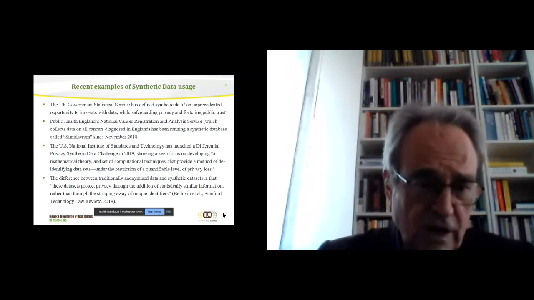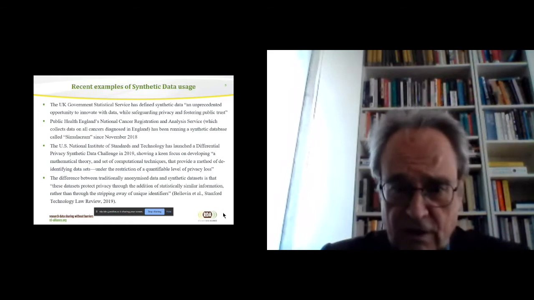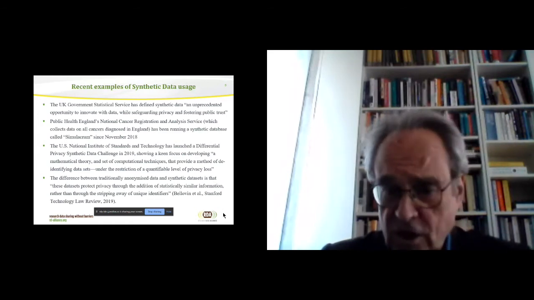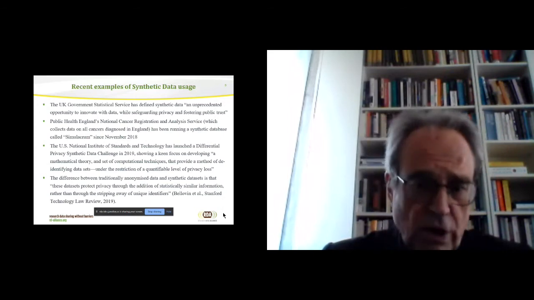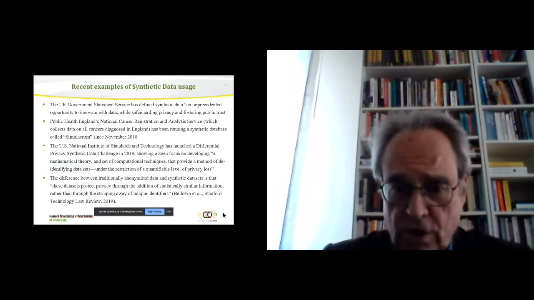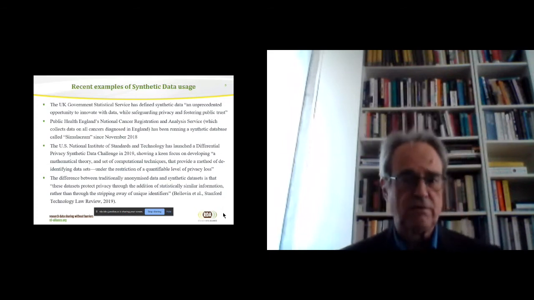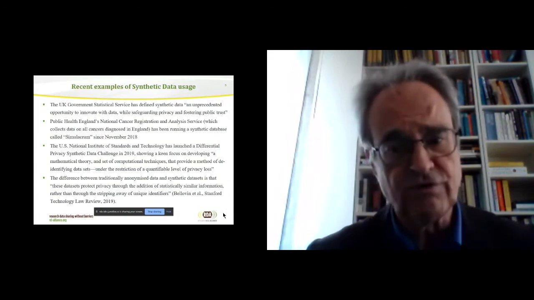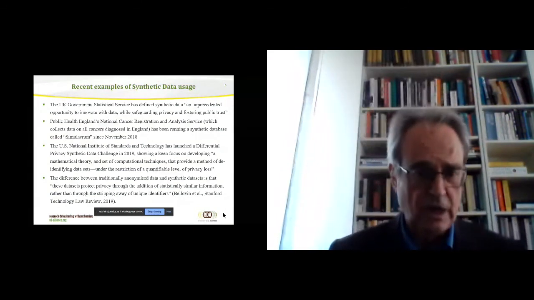The United States National Institute of Standards and Technology launched a differential privacy synthetic data challenge in 2019, showing a keen focus on developing a mathematical theory and set of computational techniques that provide a method of de-identifying data sets under the restriction of a quantifiable level of privacy loss.